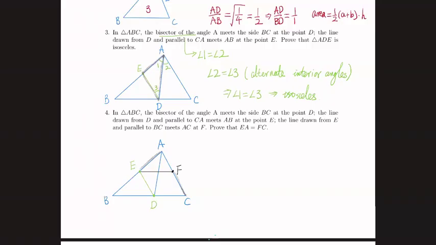There's two trapezoids and a rhombus. That's true. I don't think we're focusing on the rhombus though. Okay, we have a lot of information, but our target is these two.